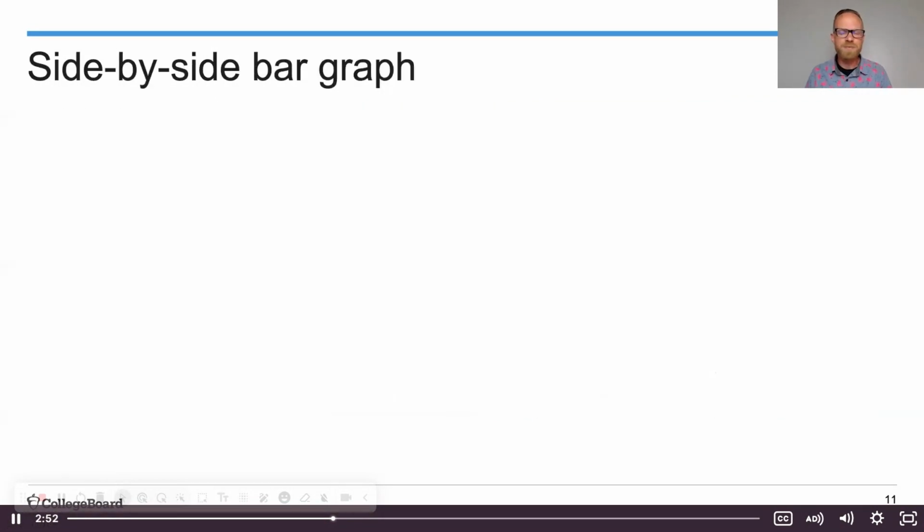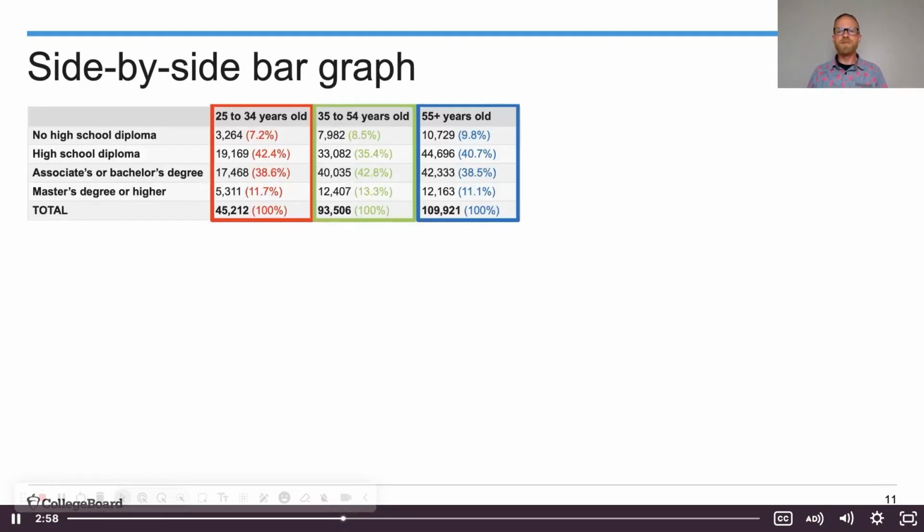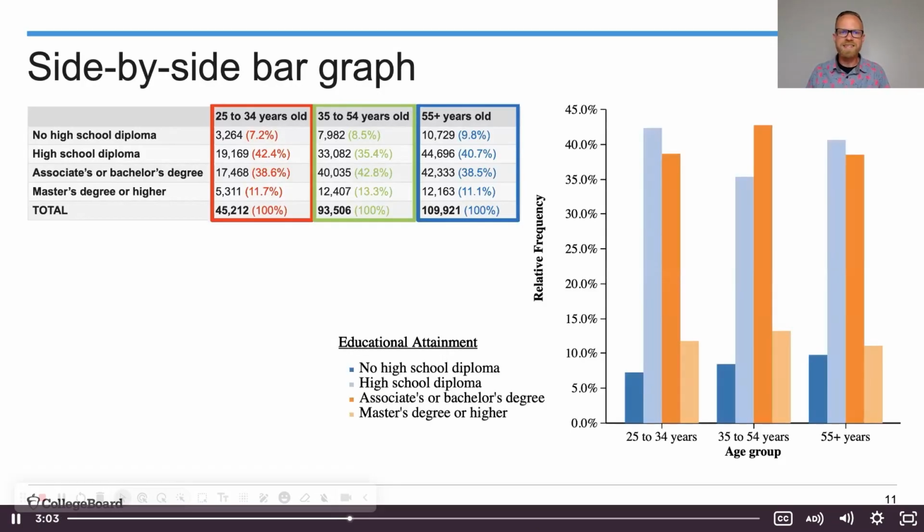So now that we have these percents, we can create what's called a side-by-side bar graph. So once again, here are all of the percents that we just calculated, and we're going to use those now to create a side-by-side bar graph.